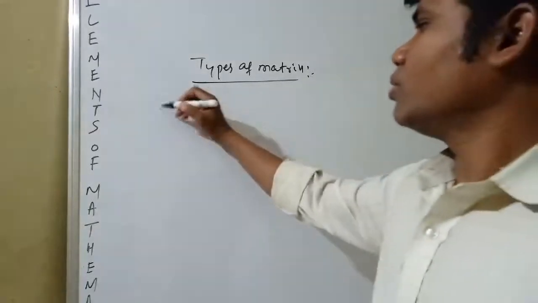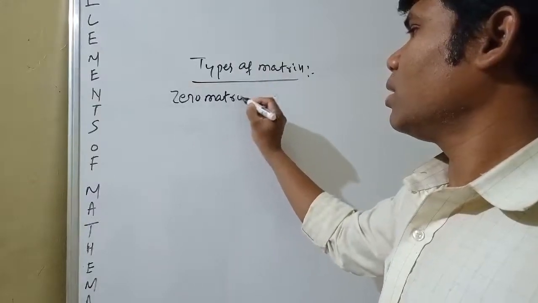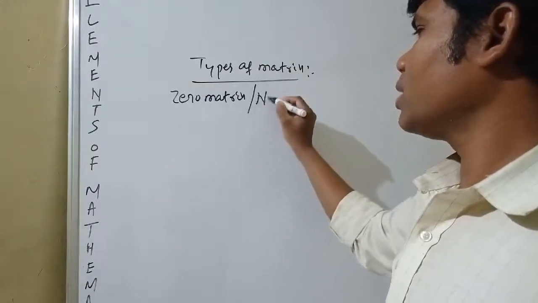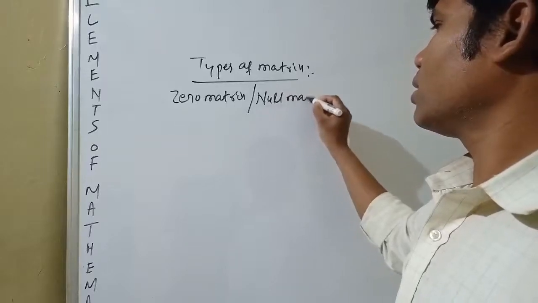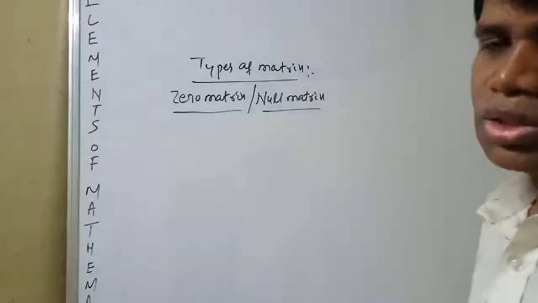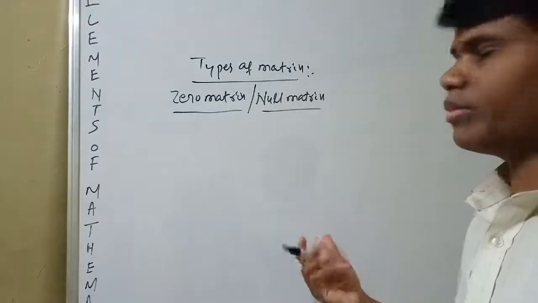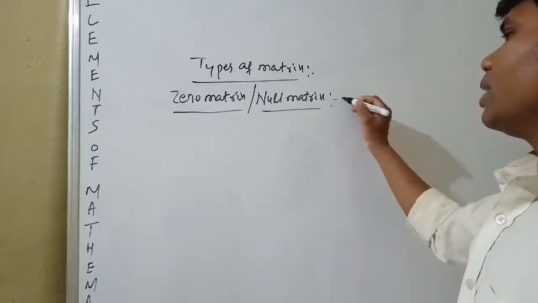Next, come to the zero matrix or null matrix. The same thing, zero matrix and null matrix, the same thing with two different names. What is a zero matrix?